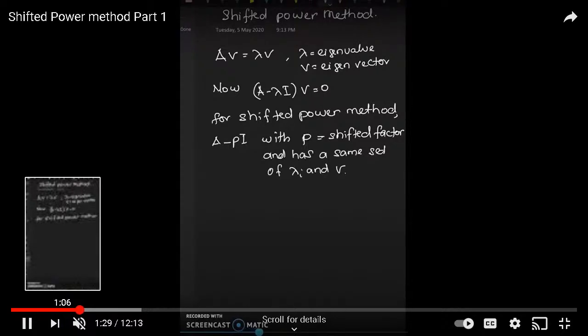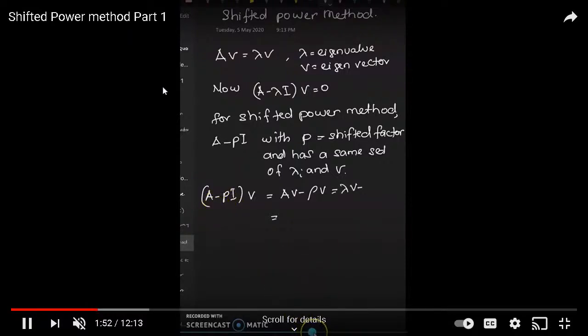How to find P, and then how to generate a new matrix from A. So you can get (A minus PI)V is equal to AV minus PIV, where I is the identity.